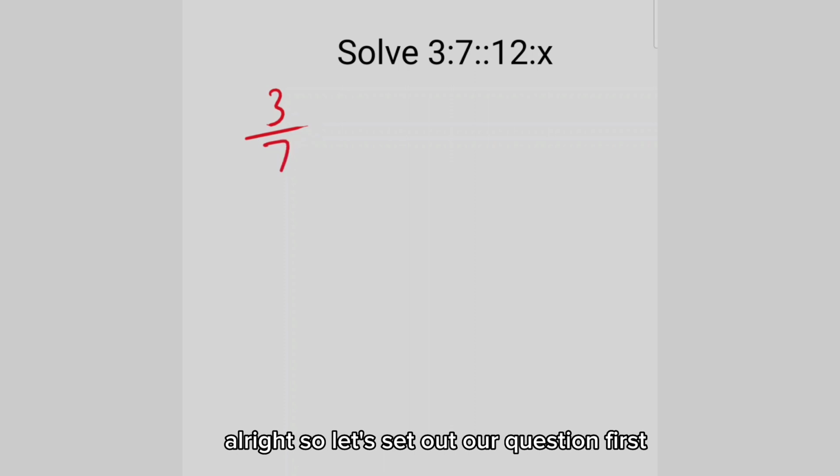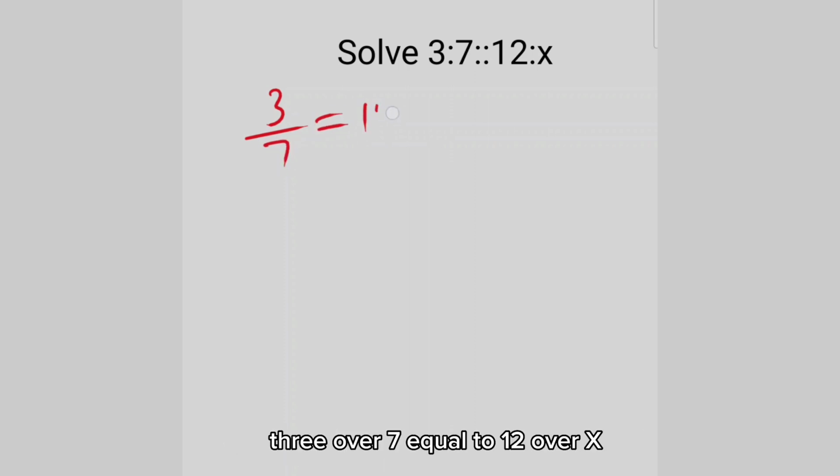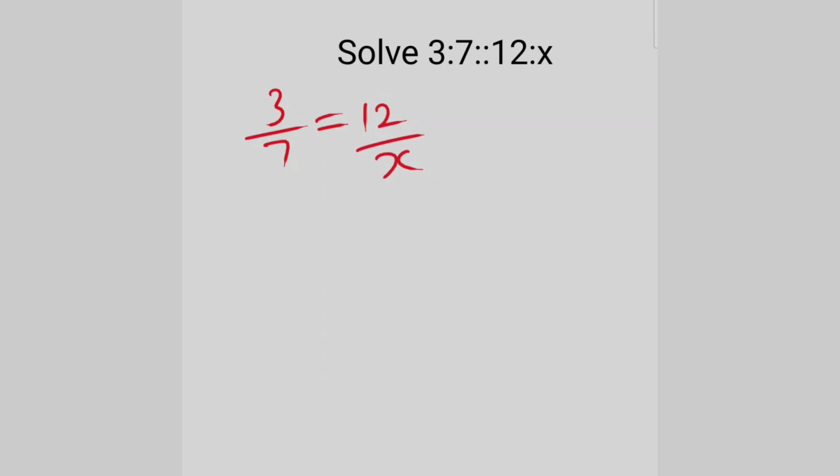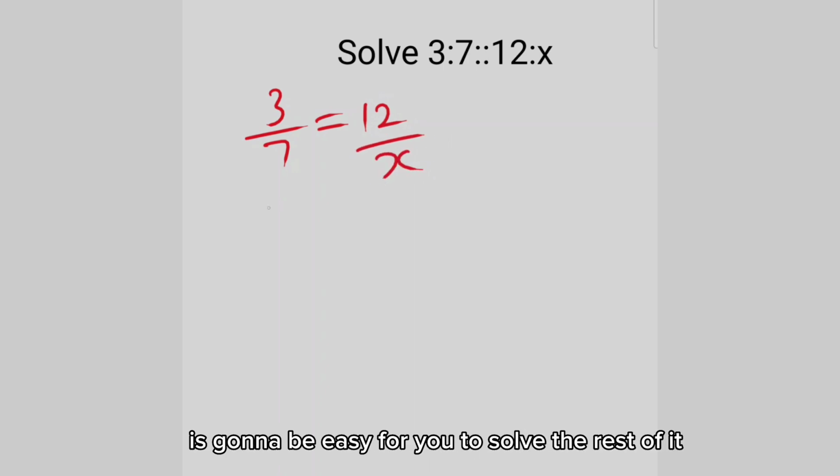As you can see, this means 3 over 7 equal to 12 over x. Let's set out our question first. You set it up first, it's going to be easy for you to solve the rest of it.